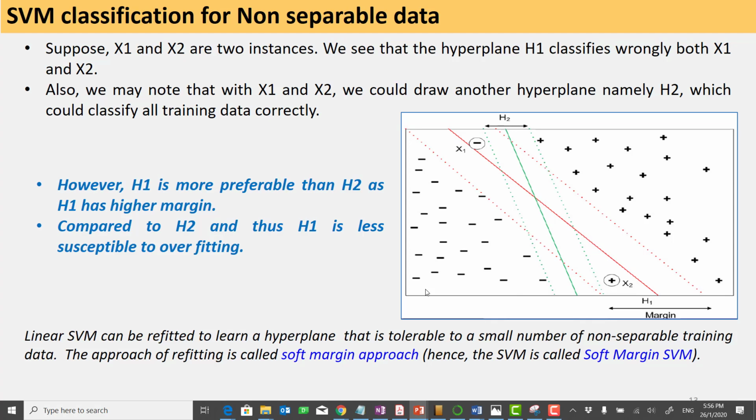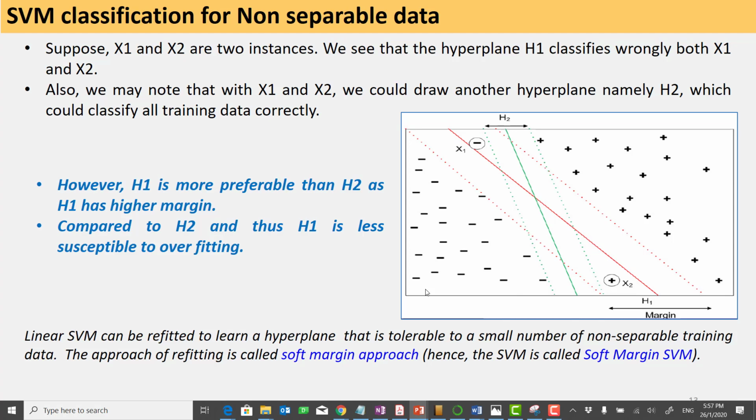As you can see in the example, x1 and x2 are two instances, and we have a hyperplane h1 which classifies both x1 and x2 wrongly. The x1 value crossed the hyperplane to the other side, and the positive value x2 crossed the plane towards the negative side. But there is one more hyperplane, h2, which identified that there are no crosses, but the margin of h2 is comparatively very small. So which one to take?